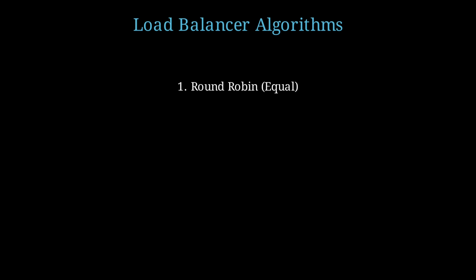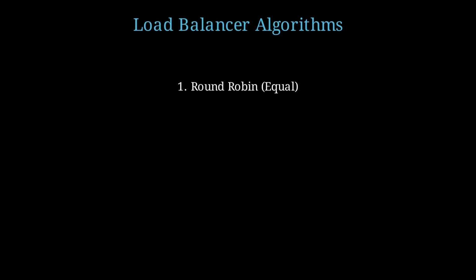Third one is weighted round robin. Okay, fourth one is IP hash. These are the algorithms that generally the load balancer will have.